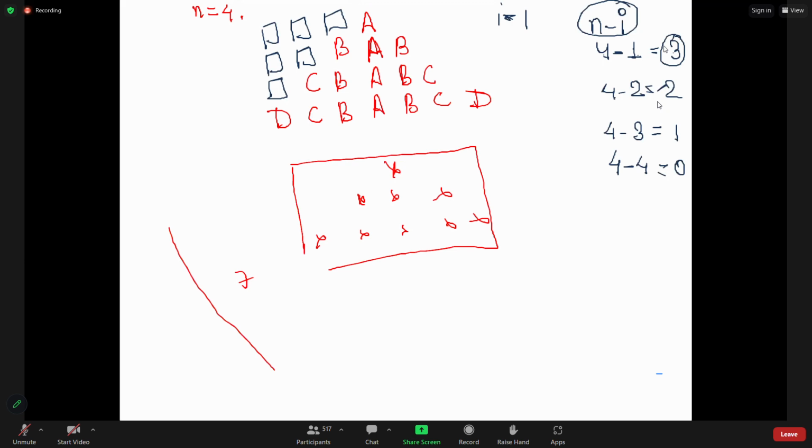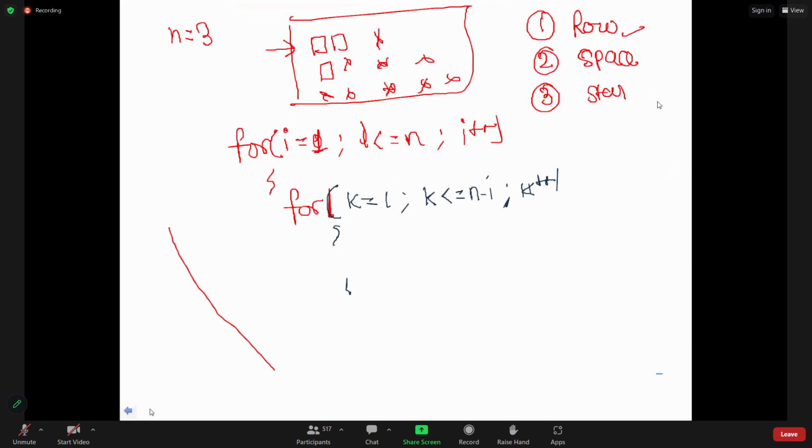Your condition will become 1 less than or equal to n minus I. N is 4, minus 1, because I value is 1 initially. So 3. 1 less than or equal to 3 means 3 times. How? 1 condition is true, 2 is true, 3 less than or equal to 3 is true. So the loop will run 3 times.